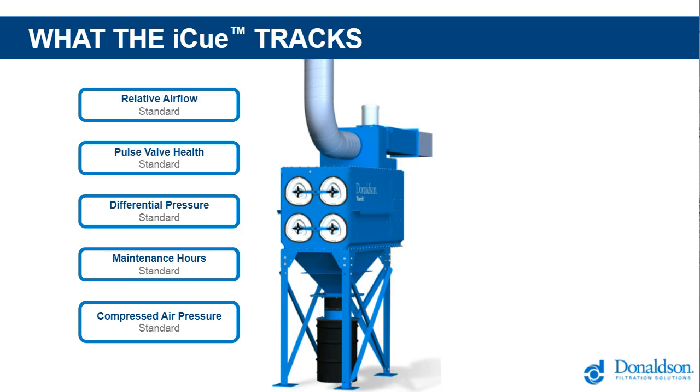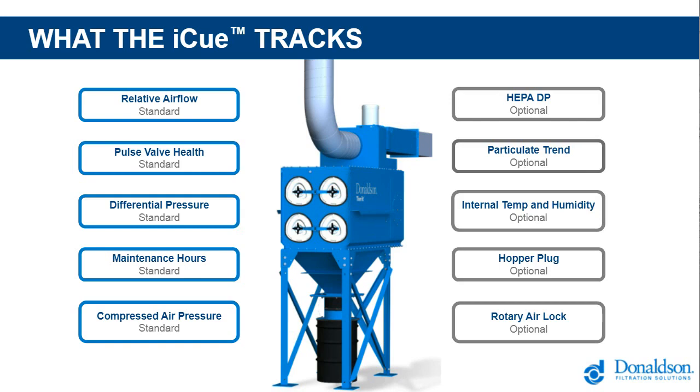So in addition to that, what also is available? The options are, and we did see it from the diagram a little bit earlier, that secondary filters or HEPA filters are sometimes fitted to systems. So again, there is the option to monitor the delta P on the secondary filter. We can look at particulate trend, so looking at the emissions and particulate trend on the clean air outlet.